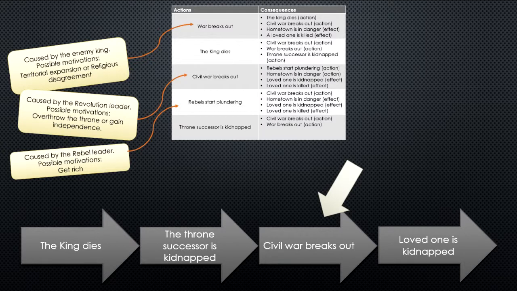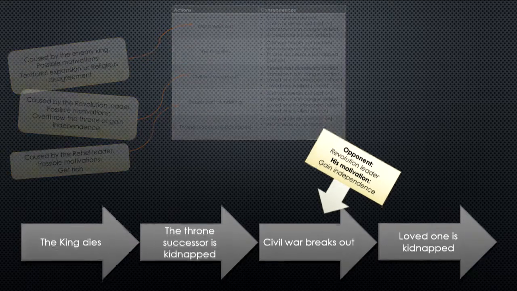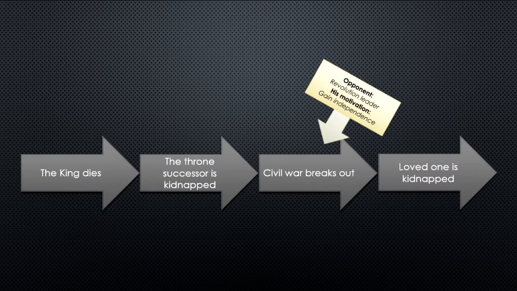He will then be the opponent, and we pick a random motivation out of the possible motivations for that action. At this point, we know the events leading up to the beginning of the story, we know the opponent, and we know his motivation. The next step is to find out how the story would play out in the game.